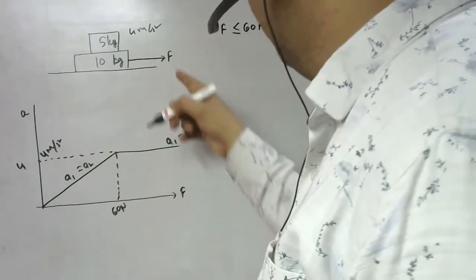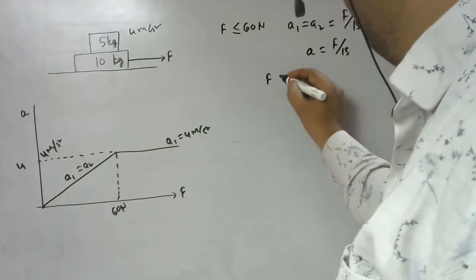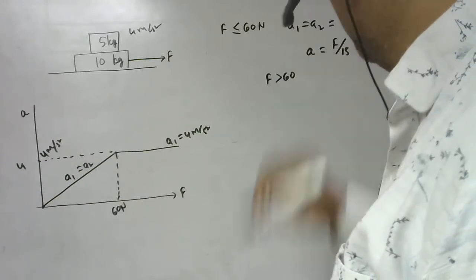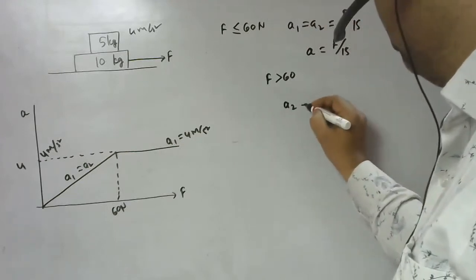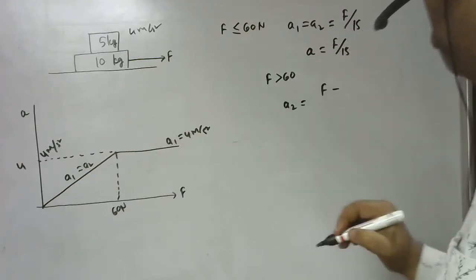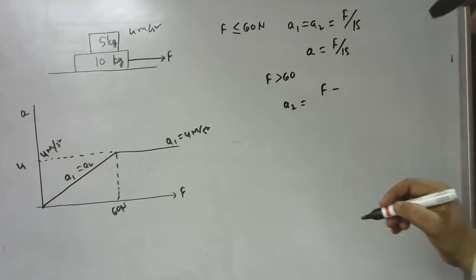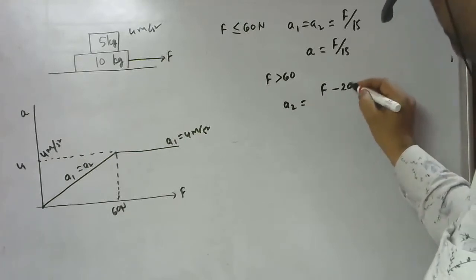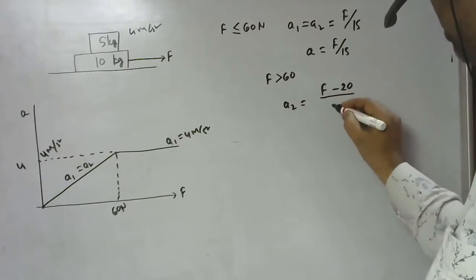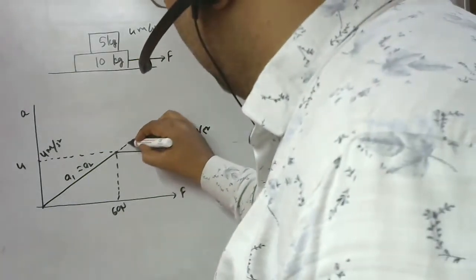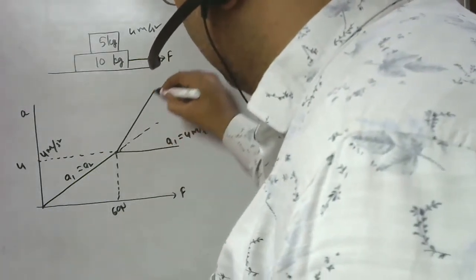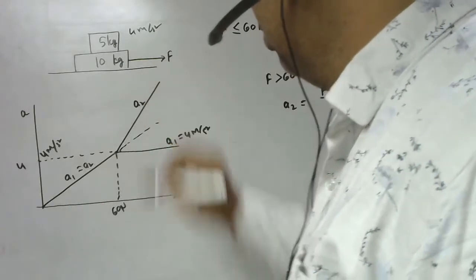Now above this force, if F is there, the acceleration of the lower block will be equal to A2 equals F minus 20 upon its mass 10 kg. So its acceleration will be a bit more, like this. So this is A2.